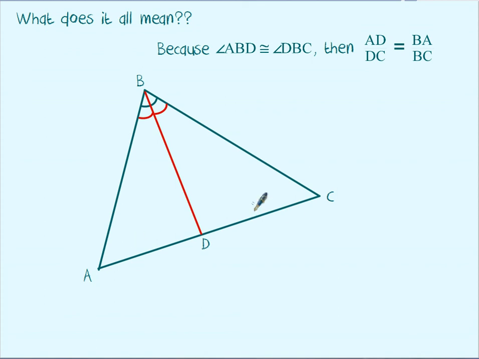This actually creates proportional segments. AD and DC are corresponding parts, and AB and BC are corresponding parts, and I can set that up into a proportion. Please make sure that this picture and this proportion makes it into your notes.